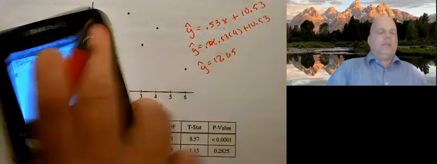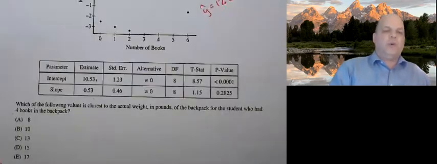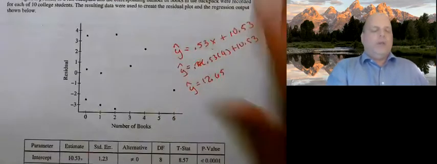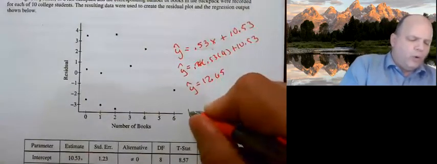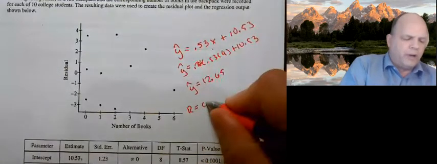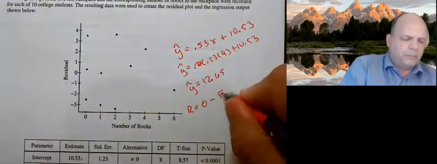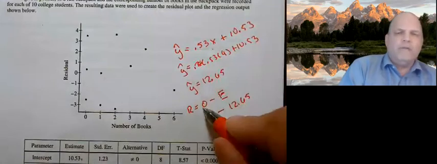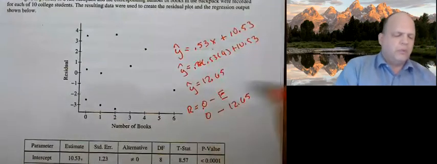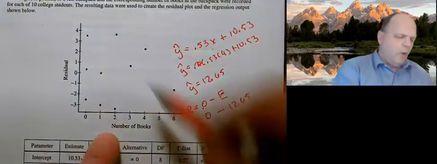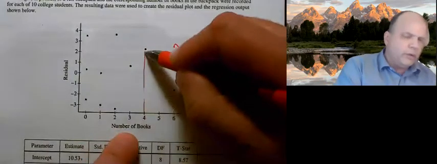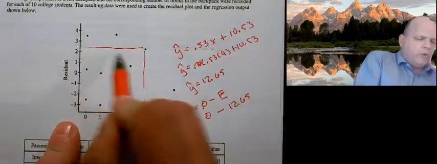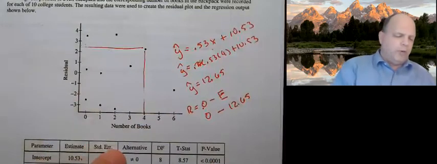But they didn't ask me for the expected, they asked me for the actual. So how am I going to get that? This is where you go to residuals: R equals observed minus the expected. We know the expected is 12.65. We're looking for the observed, or the actual. So what was the residual? If I go over here to 4, how much does that weigh? My residual looks like it was about 2.5.